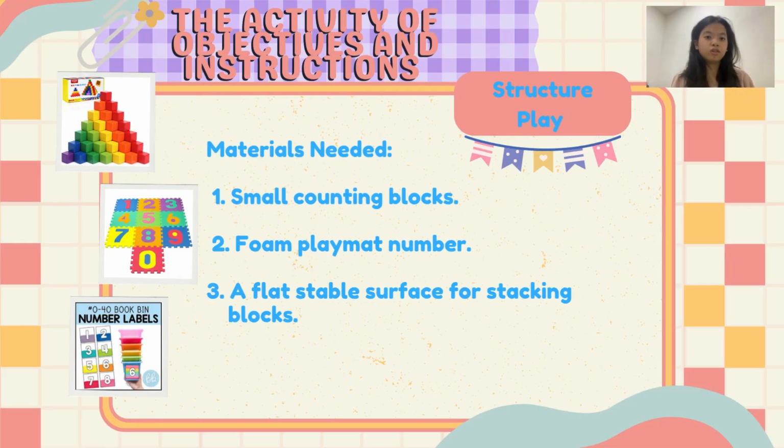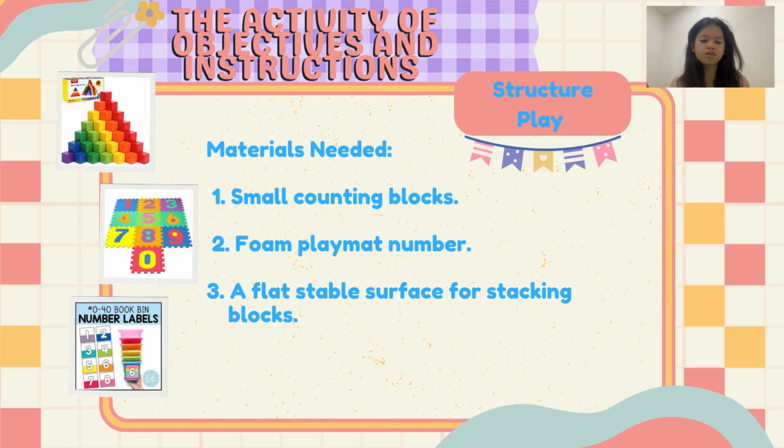Now, on this slide, these are the materials that were used for the activity to build the number tower blocks. And here are the materials needed for the structured play.